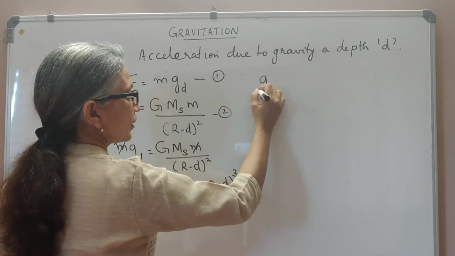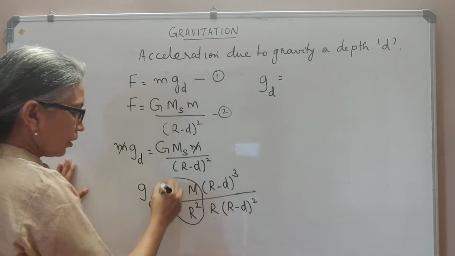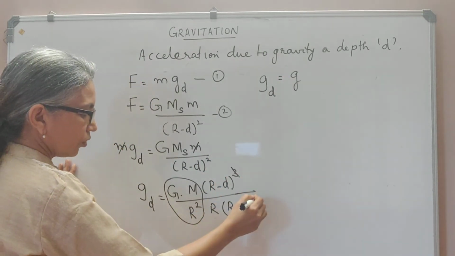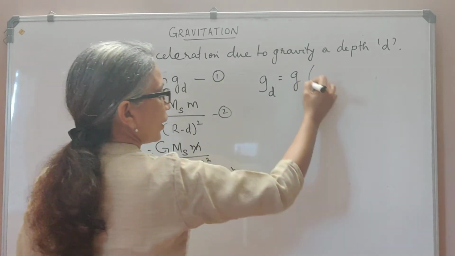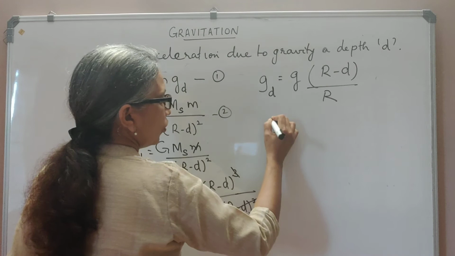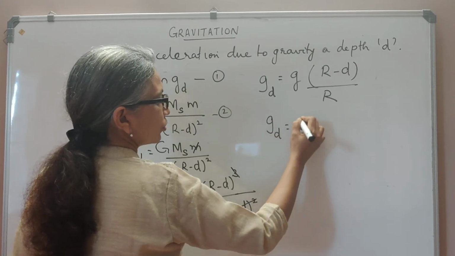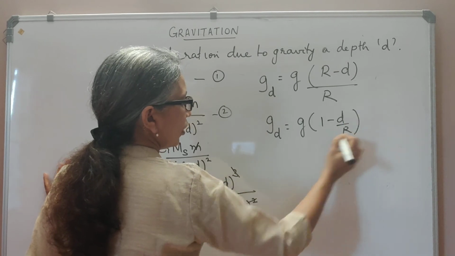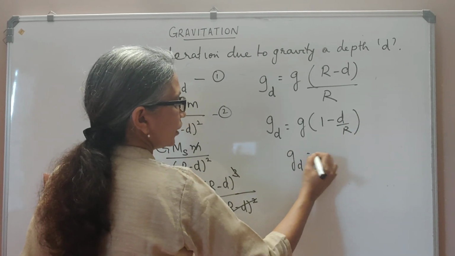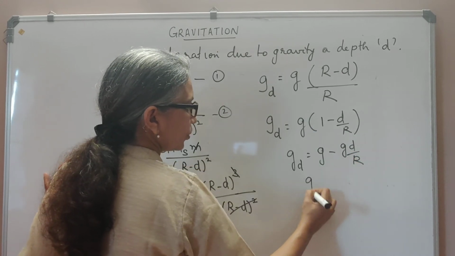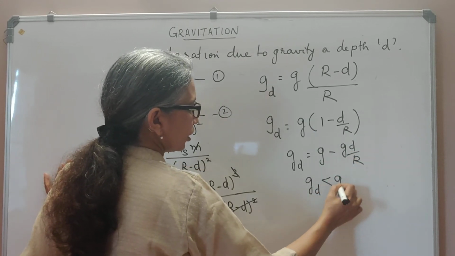So now we may write g at d is equal to, this I replace with g, and here I have this whole thing getting cancelled. So we have R minus d by R, or g at d is equal to g into 1 minus d by R, or g at d is equal to g minus g d by R, showing you that g at d is less than g.